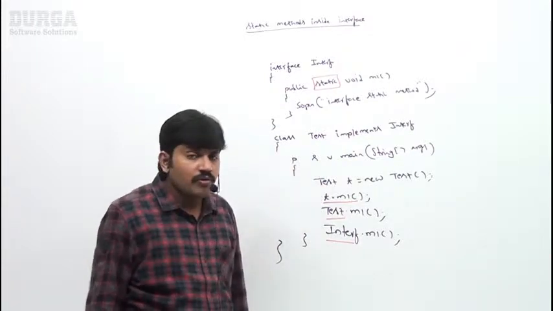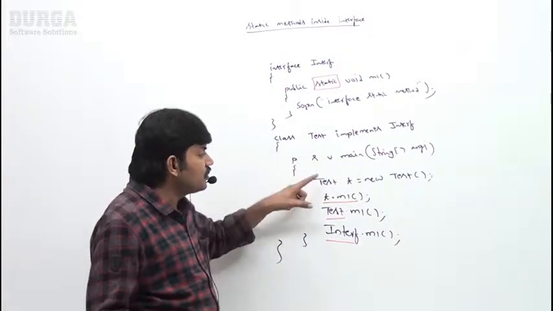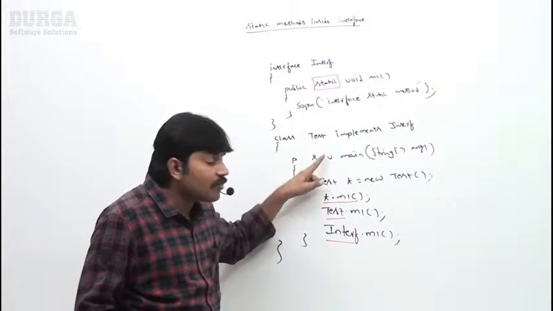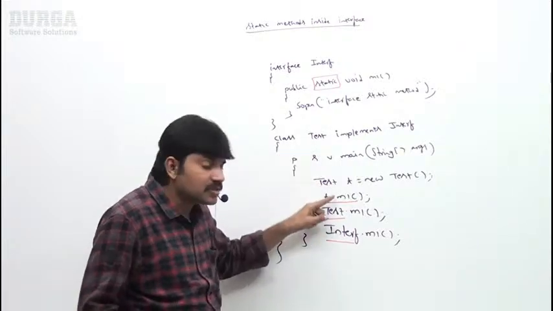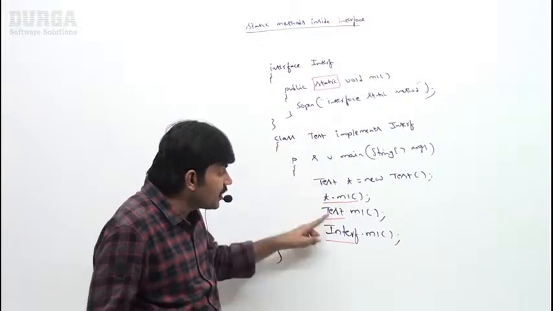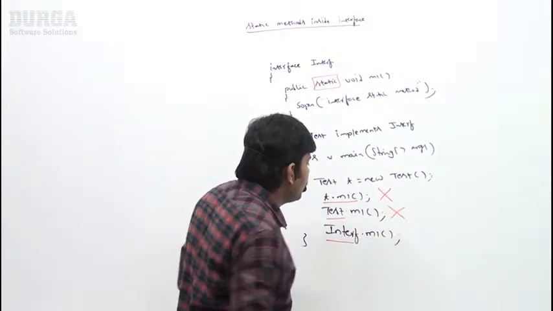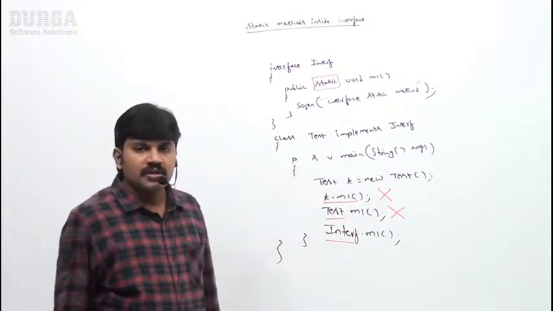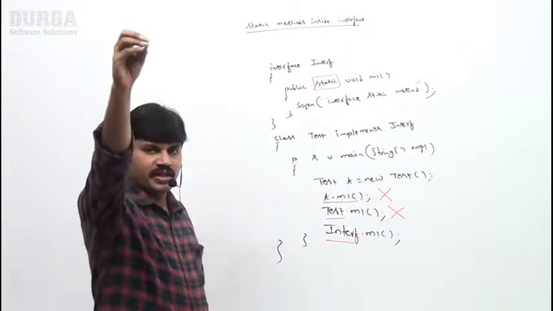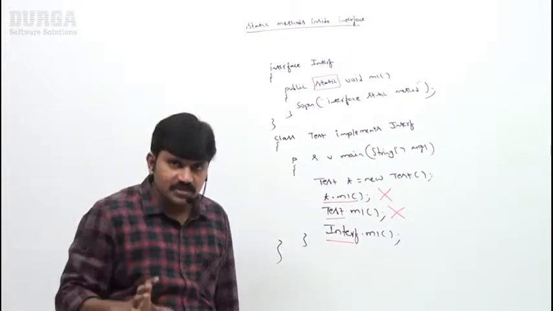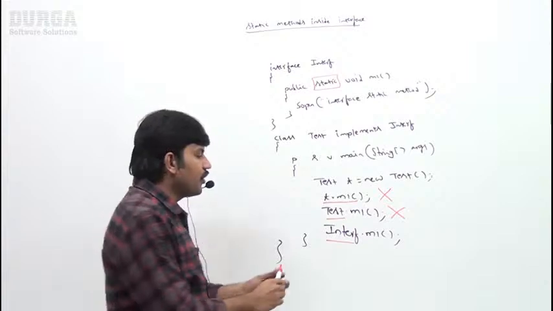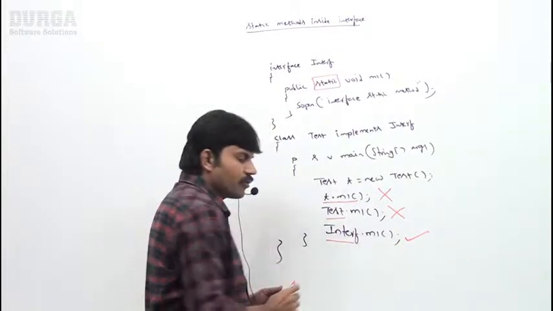So we can't call it by using an interface object reference, or an implementation class object reference, or the implementation class name. If I try like this, immediately we get a compilation error. Interface static methods you can always call by using the interface name only.